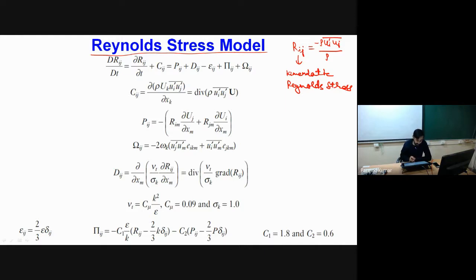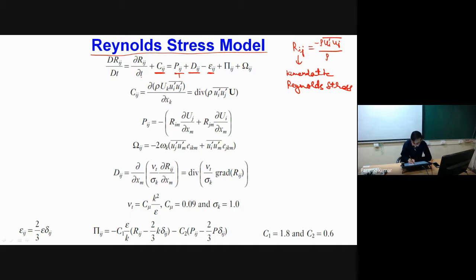Now over here, we write down a transport equation for kinematic Reynolds stress. You can see d by dt of Rij, which I can write separately as del by del t of Rij plus Cij. This Cij represents the convection of Reynolds stress. Then this Pij is called the transport of the Reynolds stress due to the pressure term. This is the transport of the Reynolds stress due to the diffusion term.